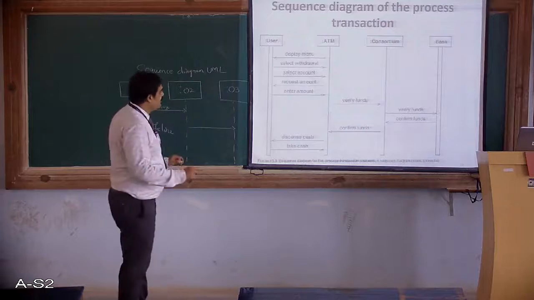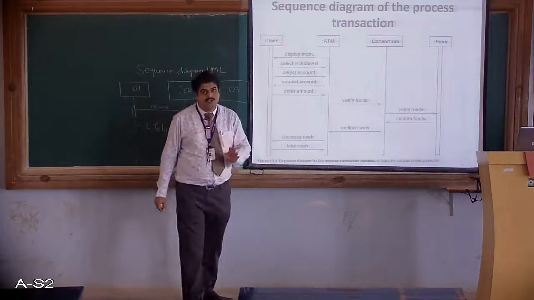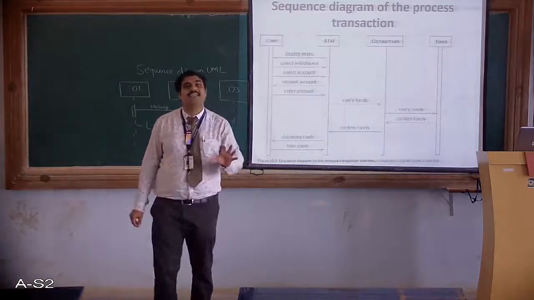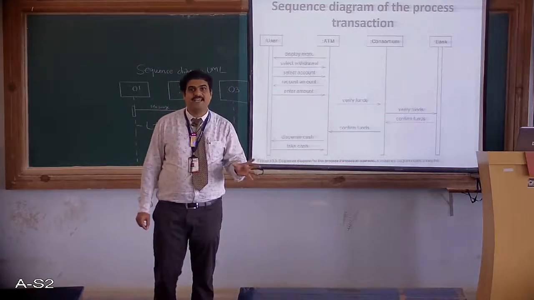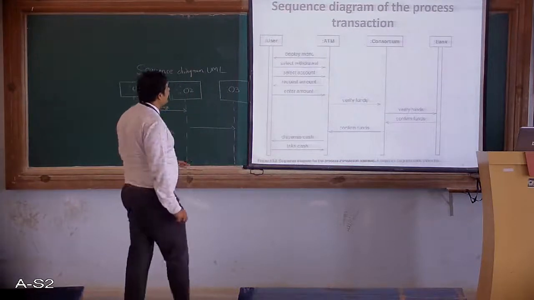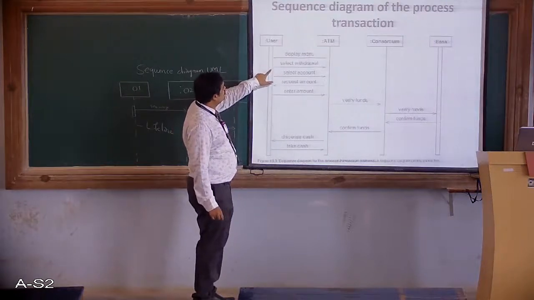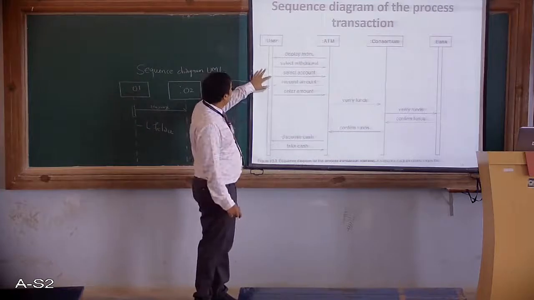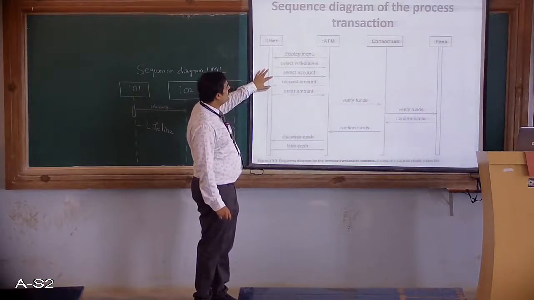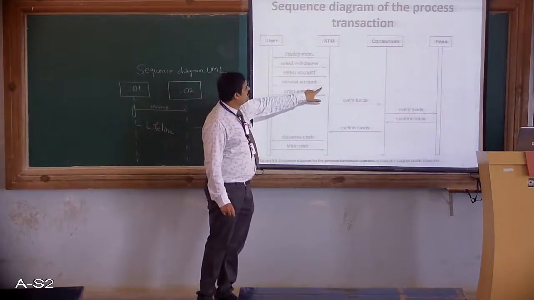When you consider this particular sequence diagram, they have assumed that they have already authenticated the user's security credentials. So it displays a menu, then the user selects the withdrawal, and after selecting the withdrawal, the user is required to select the account, then request the amount.